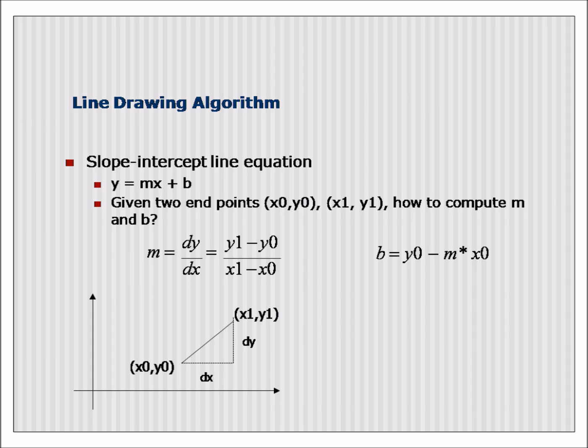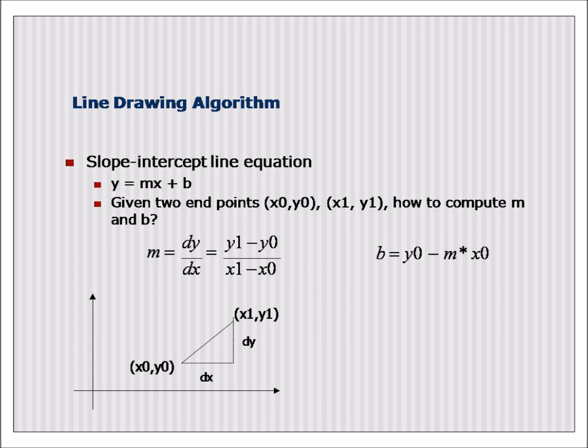Often the y-intercept represents the starting point of the equation. We use this equation to calculate the intermediate points in order to complete the line from the given starting point to the given ending point.